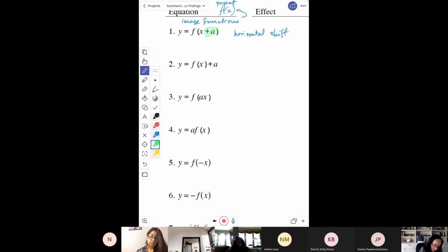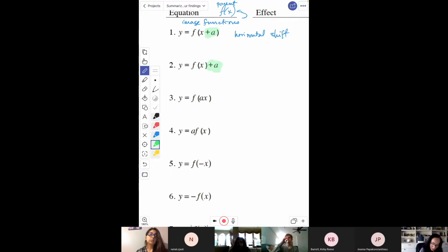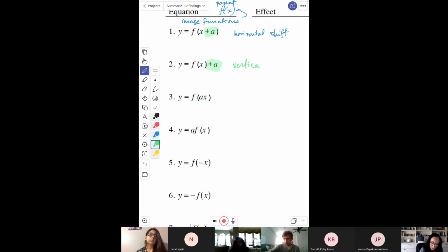Excellent. What about if I add some value to f of x in general? What type of transformation is that? Vertical shifts. It is a vertical shift.